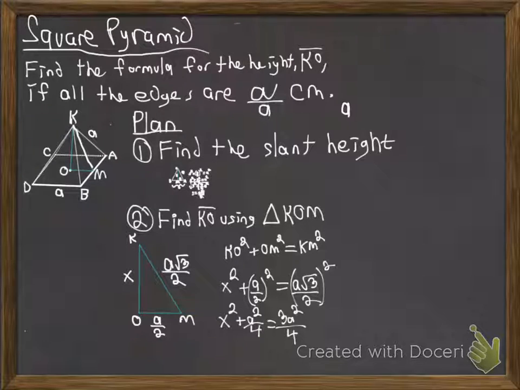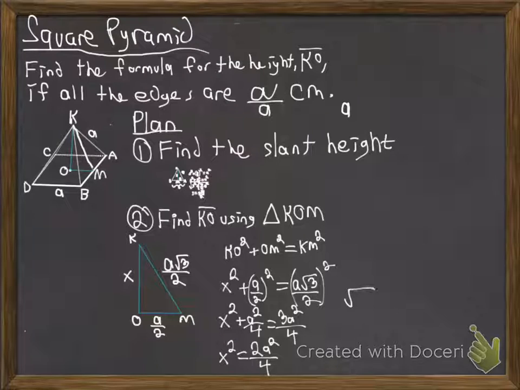Okay, now you subtract A squared over 4 from both sides, and we are left with X squared equals 2A squared over 4, which is 1/2 A squared. And the final thing then we have to do is take the square root of both sides.